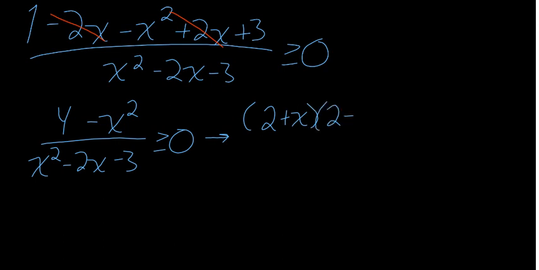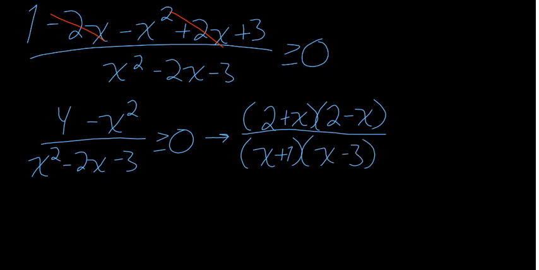Just the difference of squares. And then my denominator here factors into x plus 1 and x minus 3, and it's greater than or equal to 0.